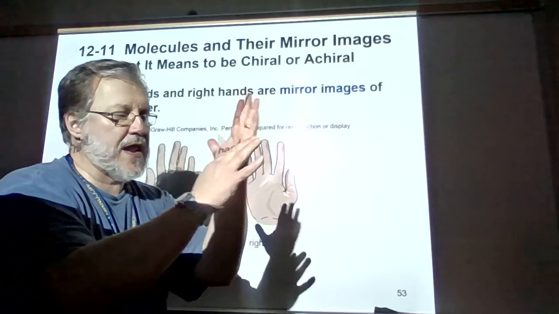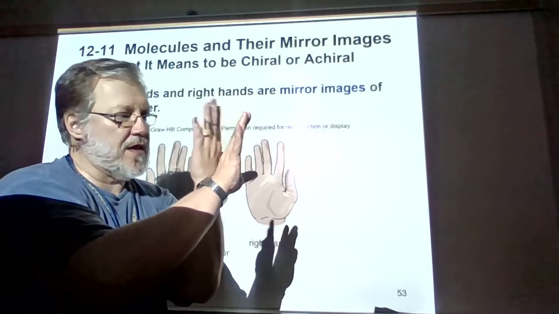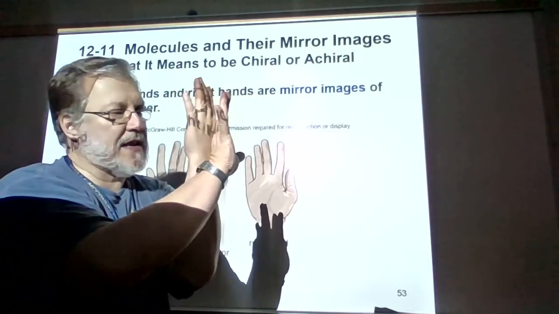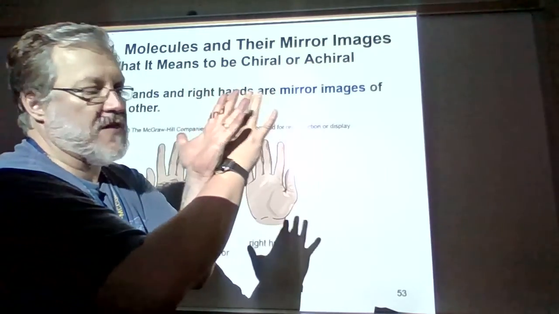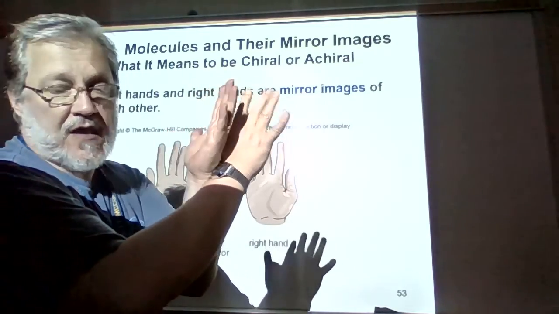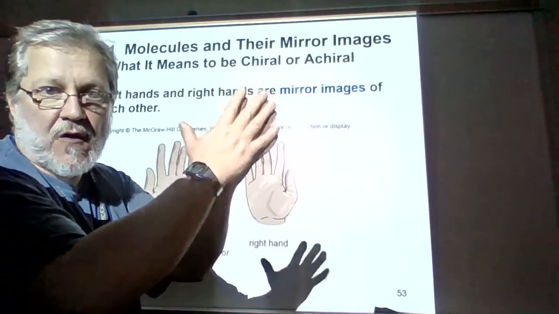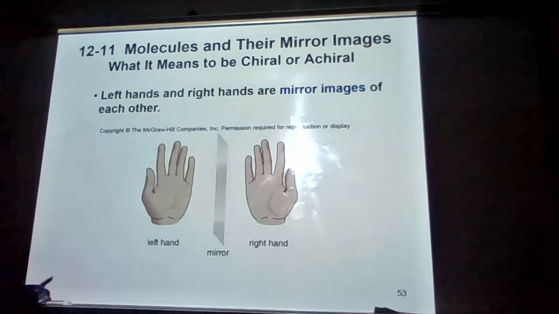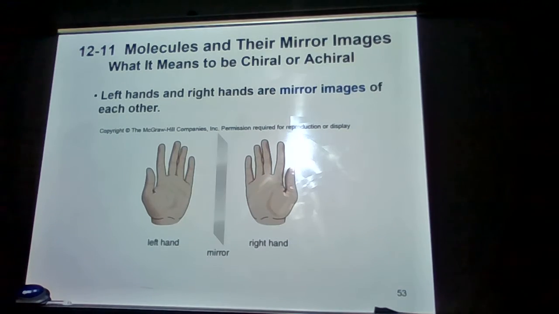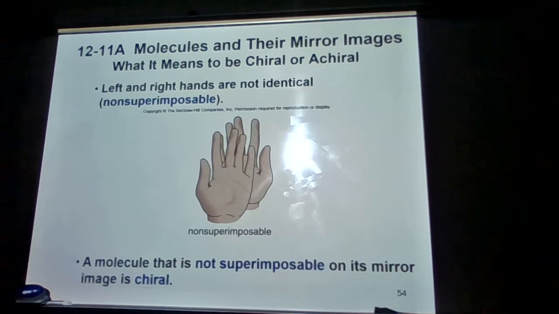With my left hand, the palm is facing me, but I can't get my right hand in any way such that its palm is facing me also and still have the thumb in the same direction as on my left hand. So these are mirror images. Our left hands and our right hands are mirror images of one another, but they are not identical.